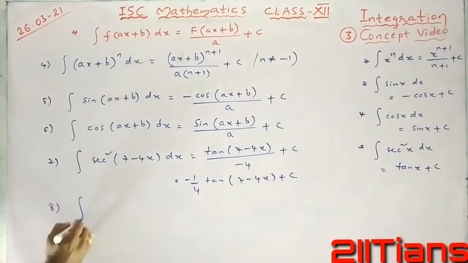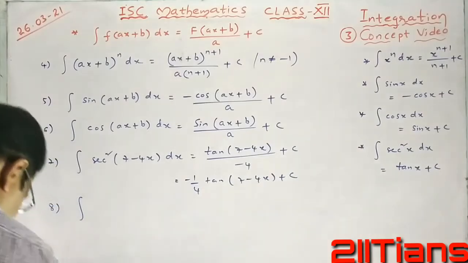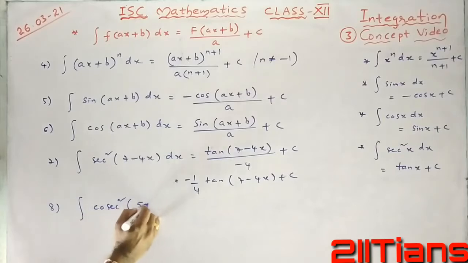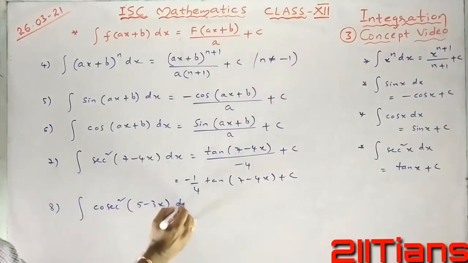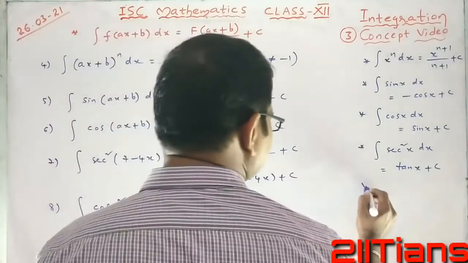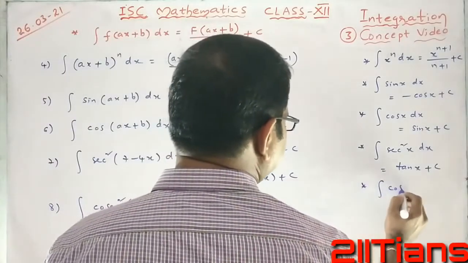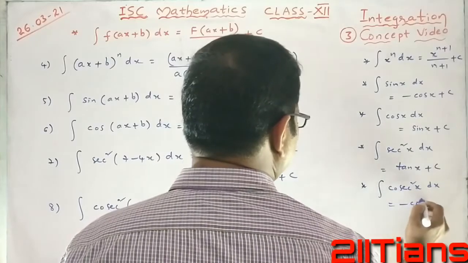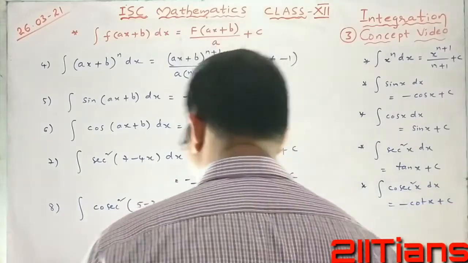Similarly, cosecant square of 5 minus 3x. What is the integration of cosec square x dx? Minus cot x plus c.